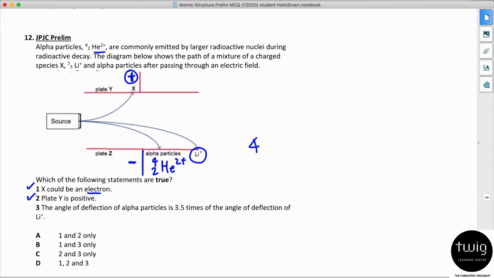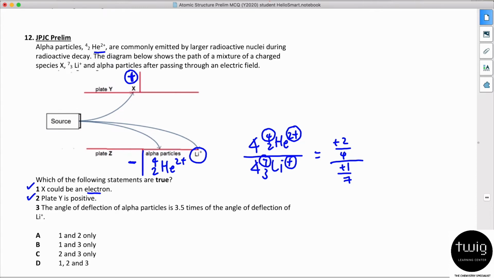So I'm going to put the angle of deflection of the alpha particle over the angle of deflection of lithium plus. Lithium is 7. So over here is charge over mass, plus 2 over 4, over charge over mass, plus 1 over 7. Can you see that?